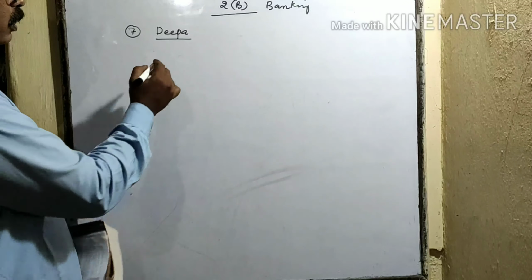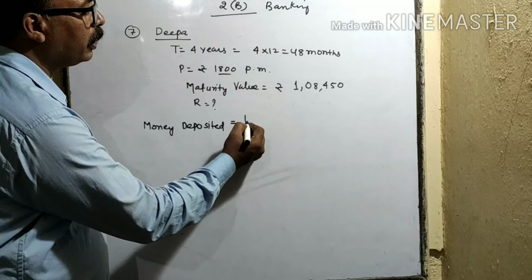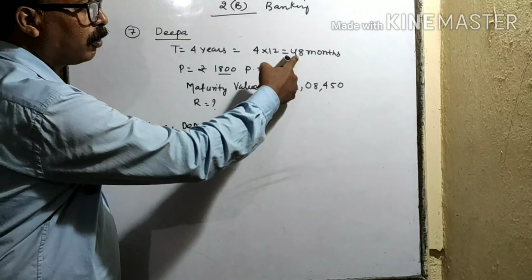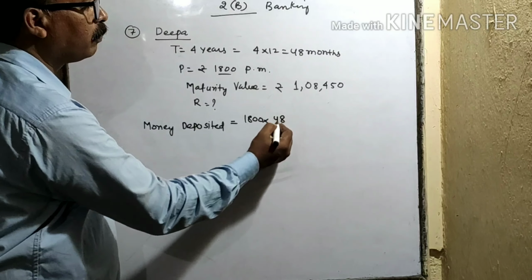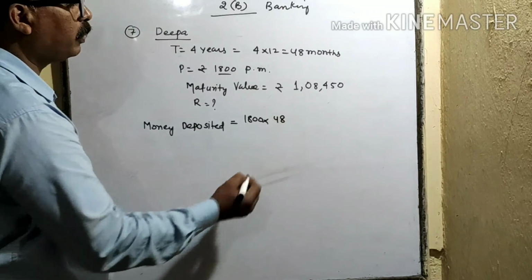So what we'll do, we'll find out how much is the deposit in 4 years. So money deposited will be how much? Amount of deposit per month 1800 rupees, and for how many months? 48. 4 years it is given.